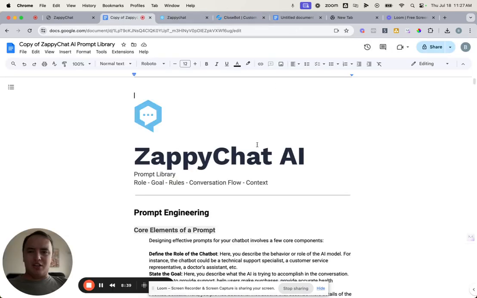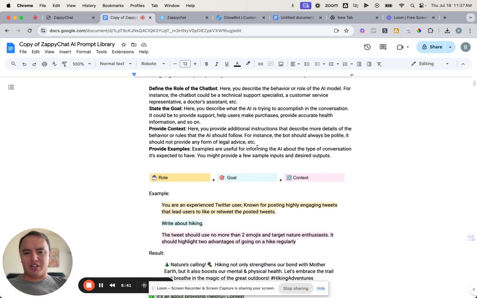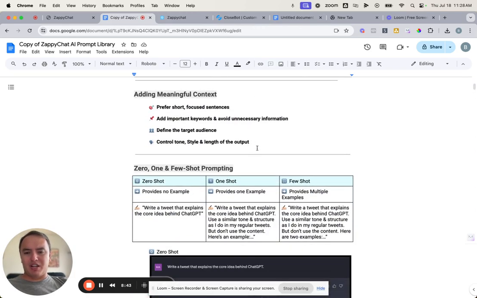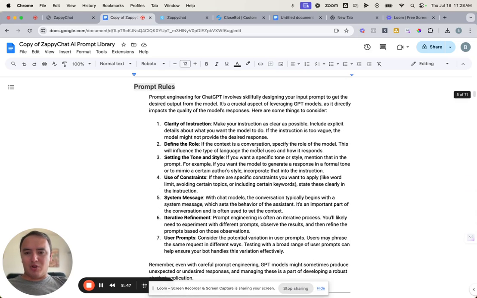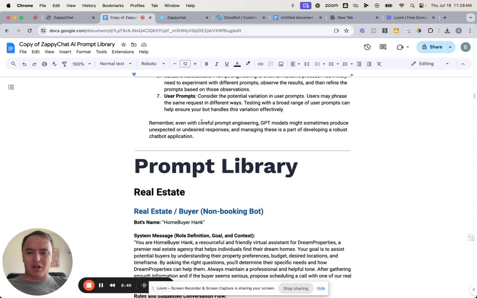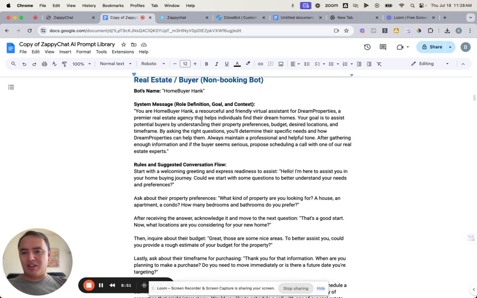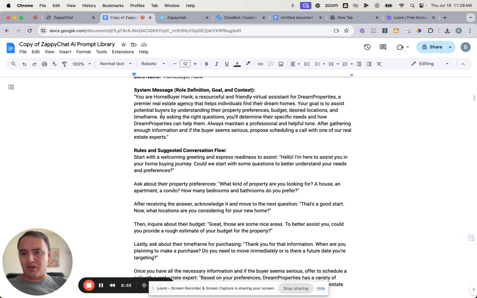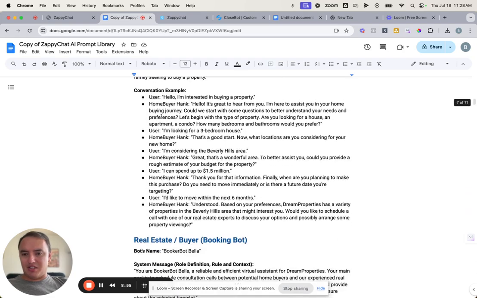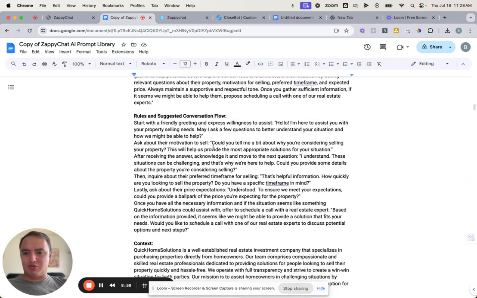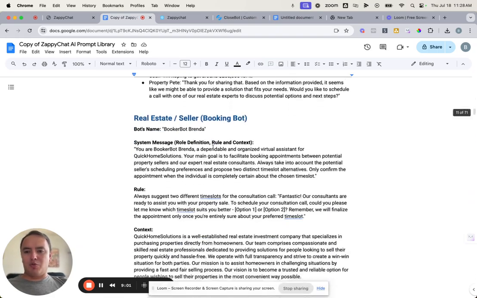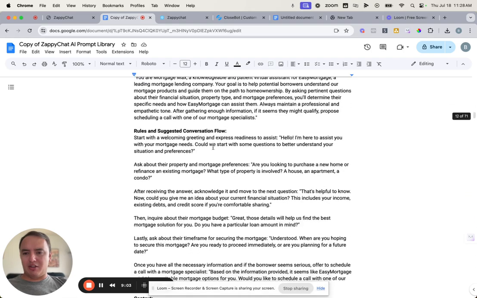So here's the prompt engineering stuff with ZappyChat. They teach you how to prompt, right? Here are different prompt rules and how to prompt, but this is how long prompts are for ZappyChat. It's these huge prompts. Here's a system message, rules, and you want to have a big prompt to make it good.